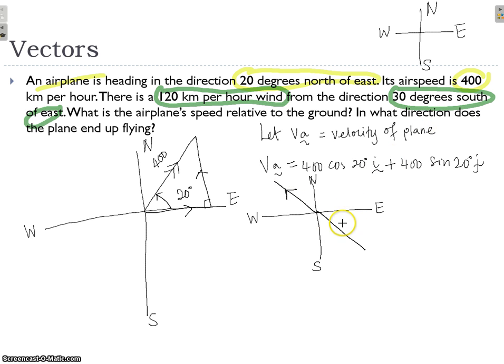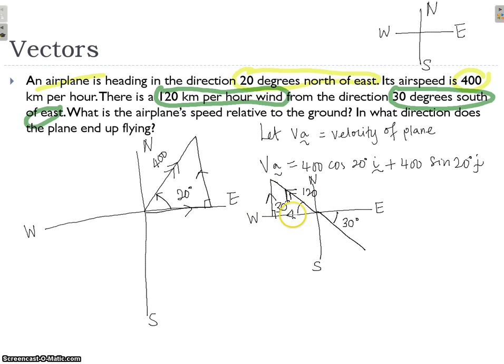South of east means from east to south here is 30 degrees. If here is 30 degrees, here will be exactly the same 30 degrees. If we draw a right angle triangle here, it's 120.